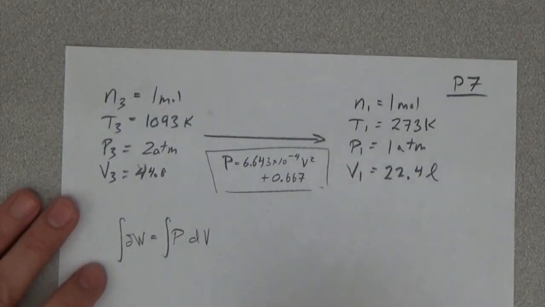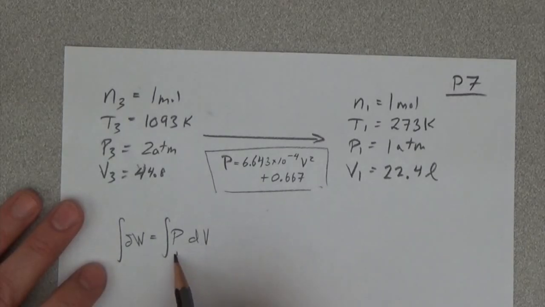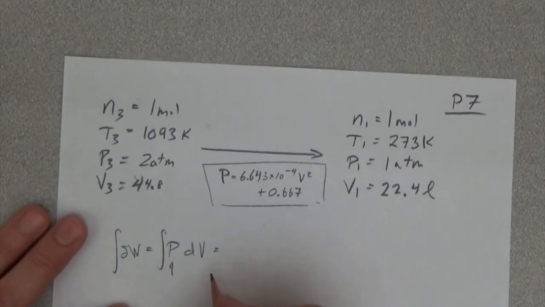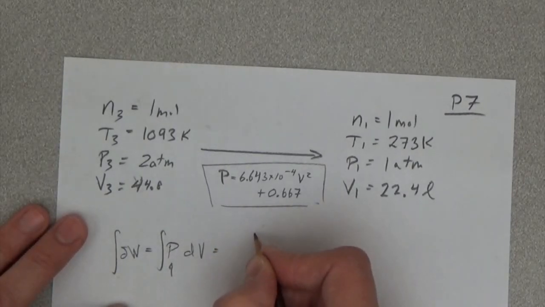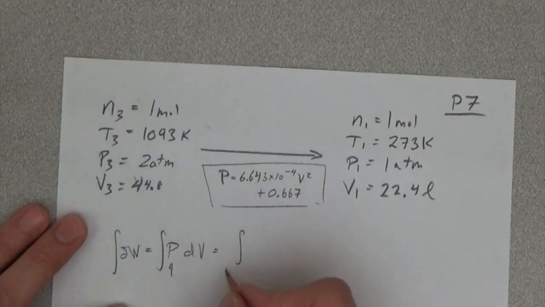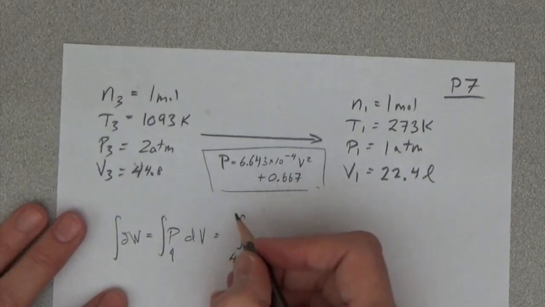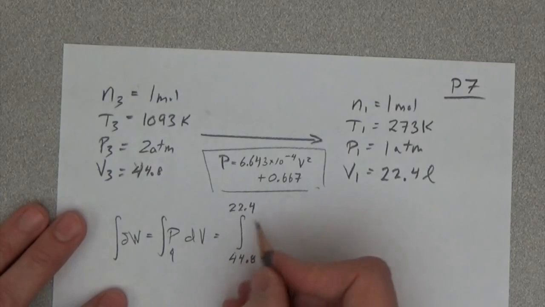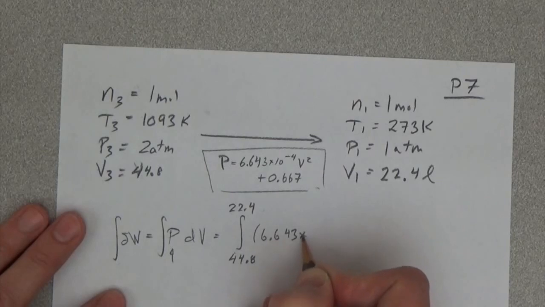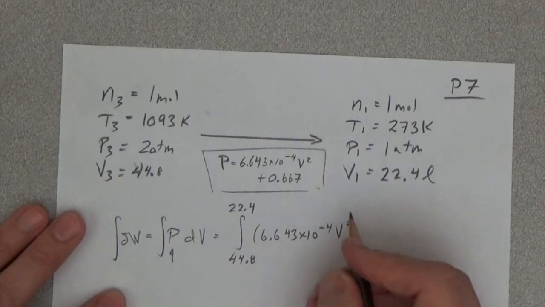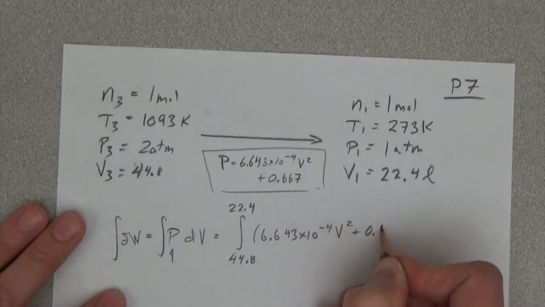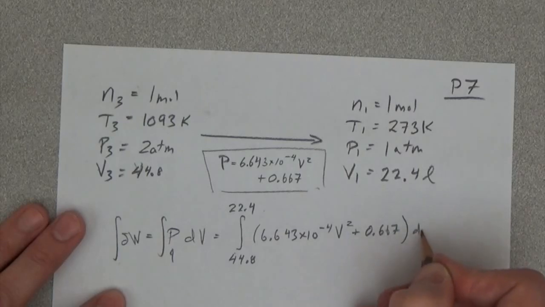So the work comes from the integral of P as a function of V, and this is going to be the integral of volume from 44.8 to 22.4 of 6.643 times 10 to the minus 4 V squared plus 0.667 dV.